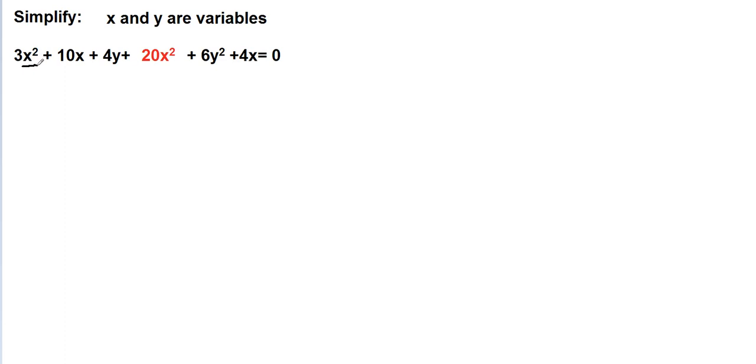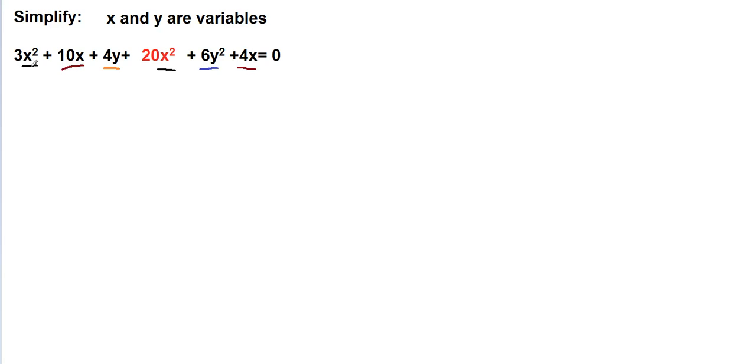So here we have an x squared term, and here we have an x squared term. You can then repeat this for each combination. Here we have a term that is just some multiple of x, and here another multiple of x. Here we have a term that is just some multiple of y, and here a term that is just a multiple of y squared.